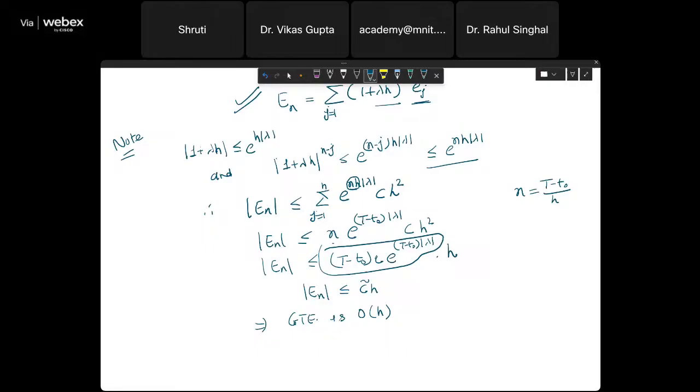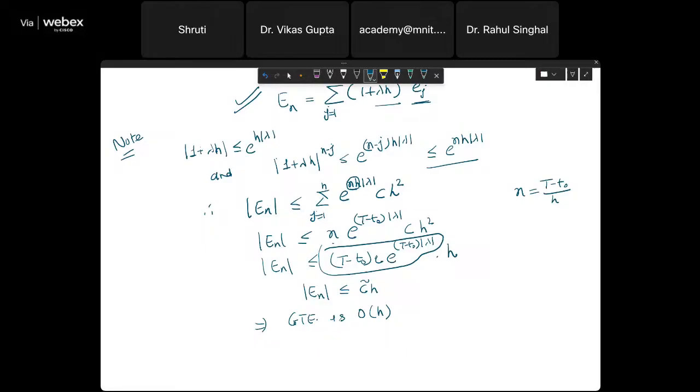Now, these two methods which we discussed are of order 1 only, or we can say that these are the first order methods. So let us now look into some more methods which have order 2. So second order methods now I am going to discuss. Again, not all the methods, as I mentioned yesterday.